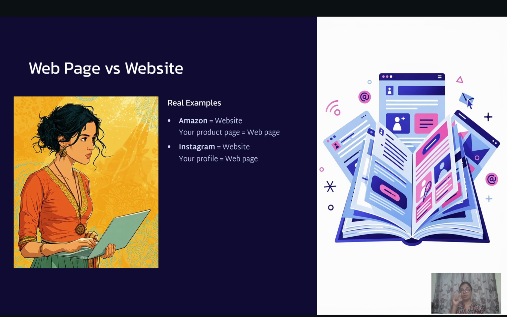That page is called the web page in your website. Another easy example is, if you take the Amazon website, any product page is called a web page, where the entire Amazon is a website. Another easy to understand example is Instagram. If you think of the entire Instagram as a website, your profile is a web page.